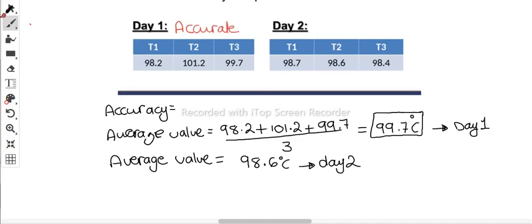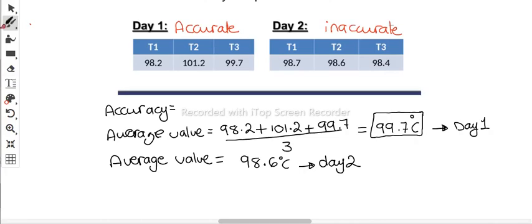But day 2 is considered as being inaccurate data. So you need to remember that if you want to compare the accuracy, you need to go through your average values, then compare them with the actual, which is the literature.